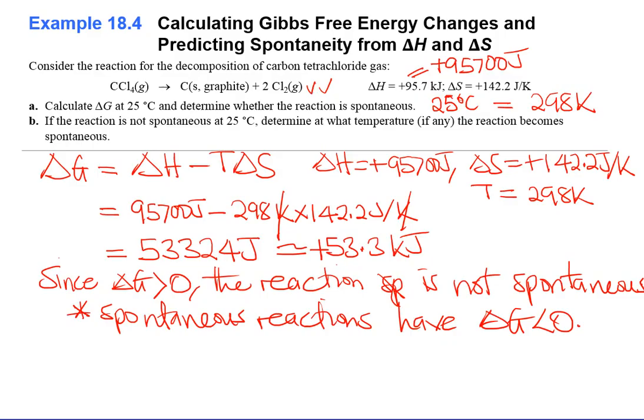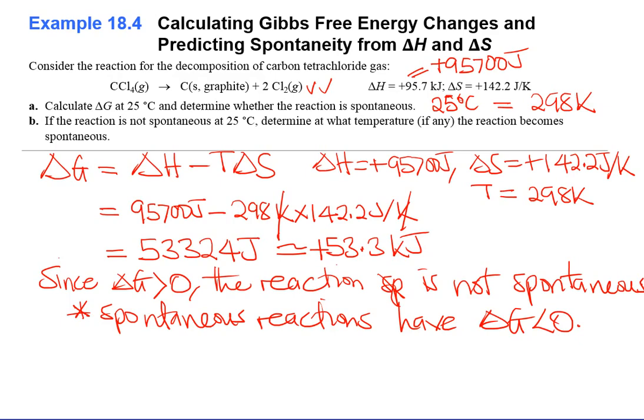So if I can go back to my reaction and get the numbers from the reaction.